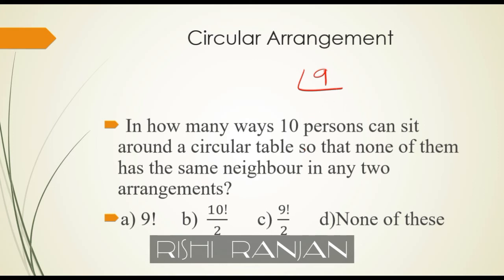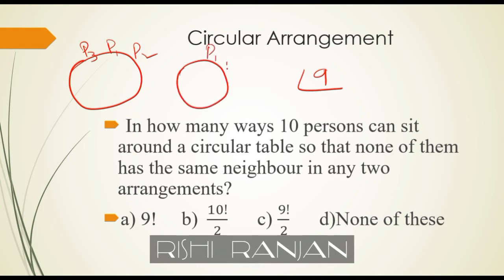in the factorial 9, there are two arrangements which have been counted. See here, maybe first time person 1, person 2 and person 3 are like this. And in some other arrangement, person 1, person 3 and person 2 are like this. Here, both have been counted, to get the answer factorial 9.